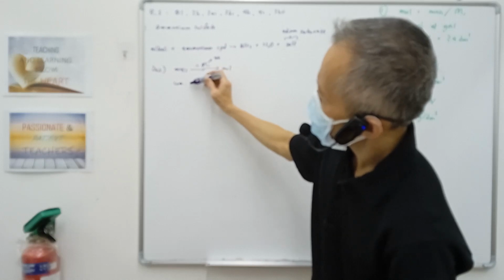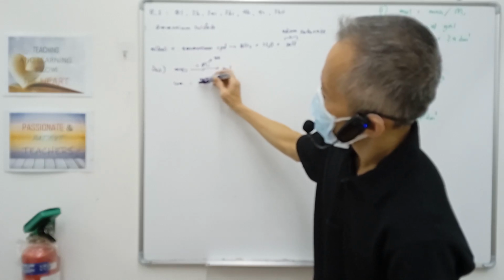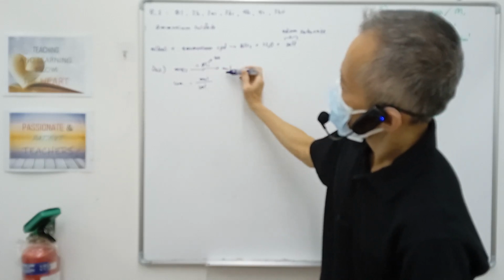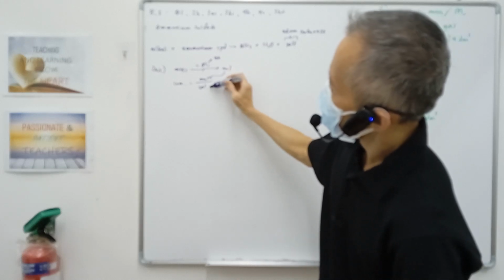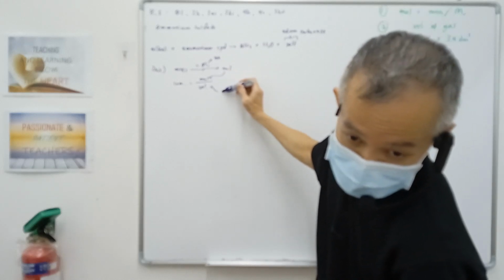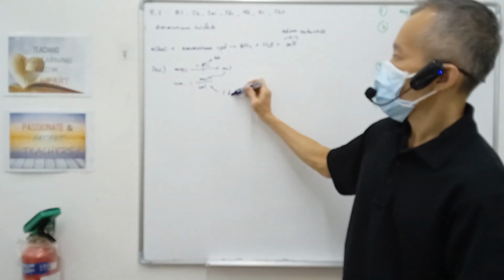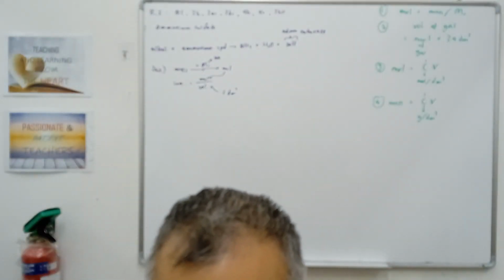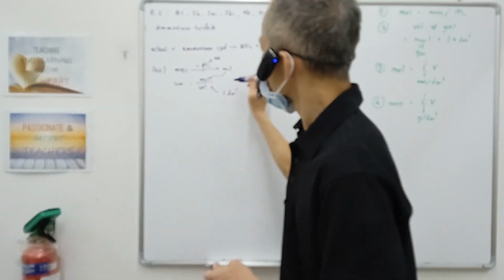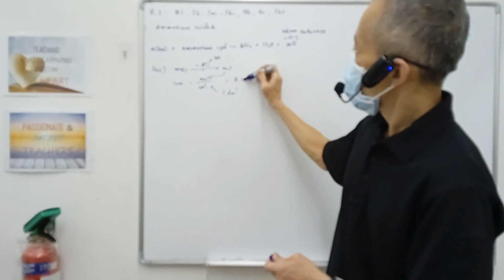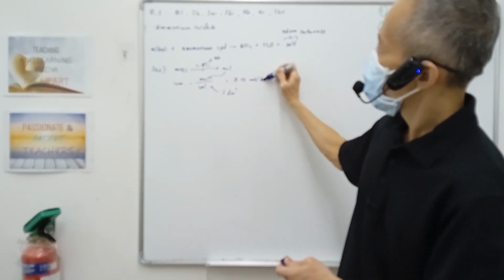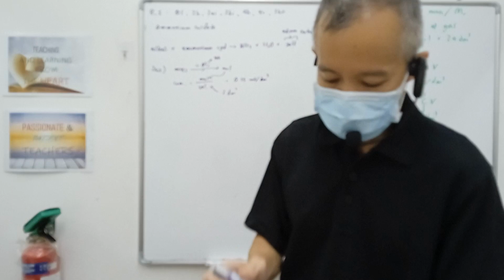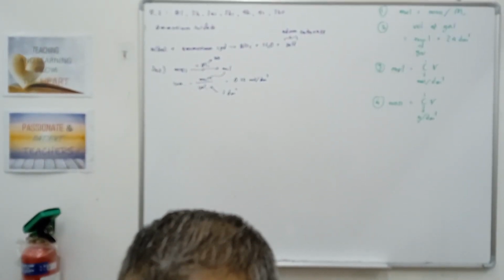How to get concentration? Concentration is mole over volume. Volume you are given already as 2 dm cube. Alright, you shouldn't have a problem. You should get 0.25. Yeah, you should get that concentration.